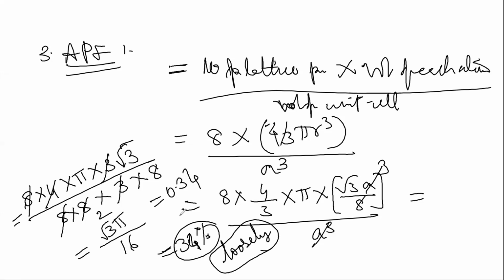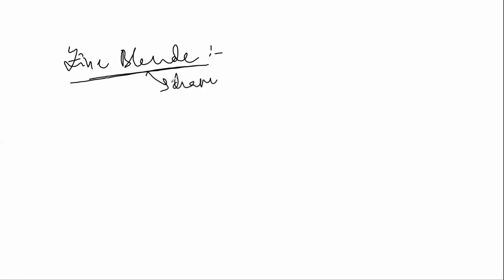Now let me go for the next structure, that is zinc blend. One more thing which is there in your syllabus is zinc blend. Here this is also the same as the diamond structure, that is, an FCC structure.